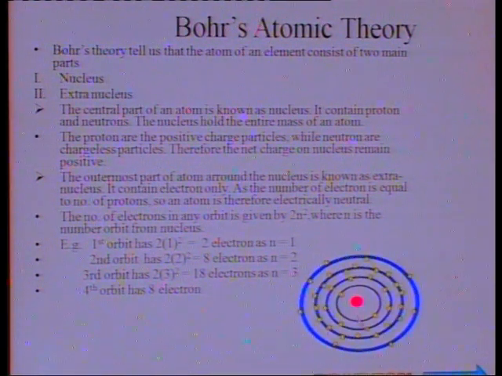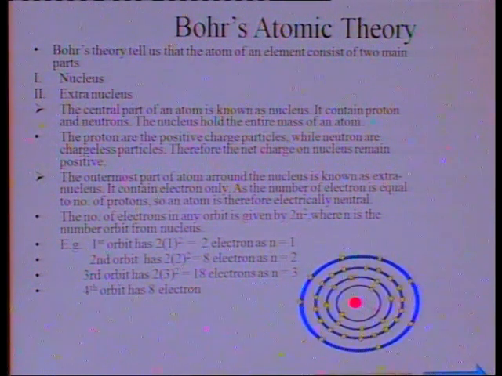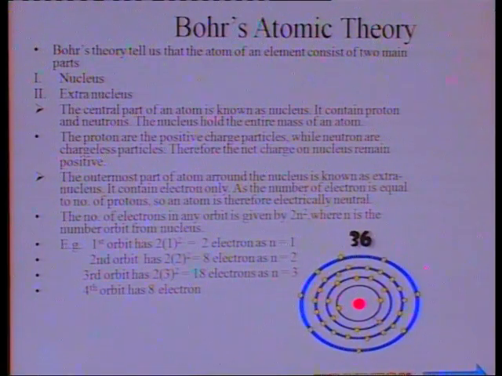Student, if you see in this diagram, it consists of 2 main part. This red part is nucleus and these blue lines around the nucleus is called extranucleus. So, all the atoms consist of 2 main part, this red one nucleus and extranucleus.